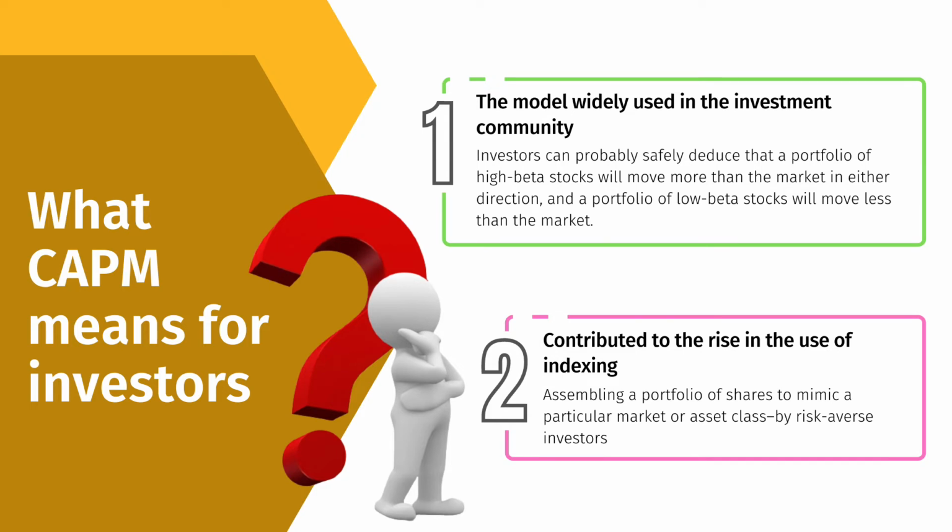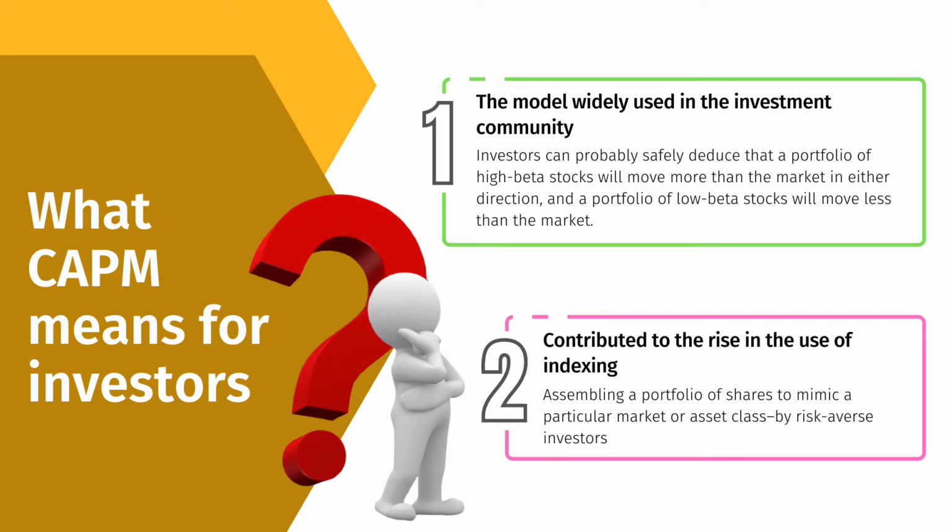The first point is that the model is widely used in the investment community. Although it is difficult to predict from beta how individual stocks might react to particular movements, investors can probably safely deduce that a portfolio of high beta stocks will move more than the market in either direction, and a portfolio of low beta stocks will move less than the market.